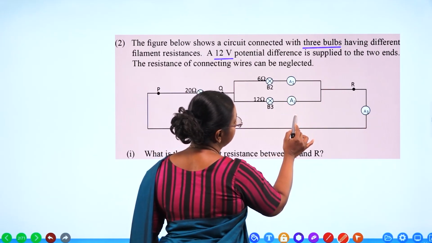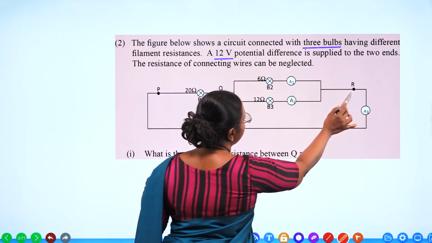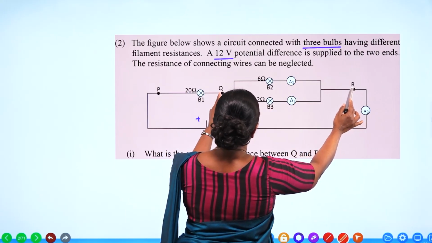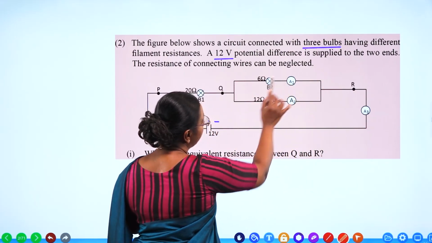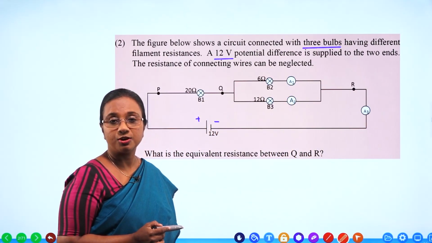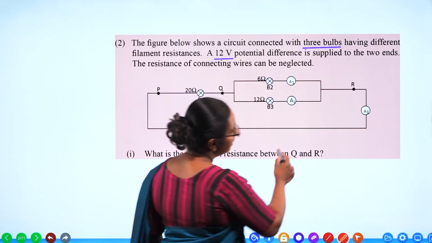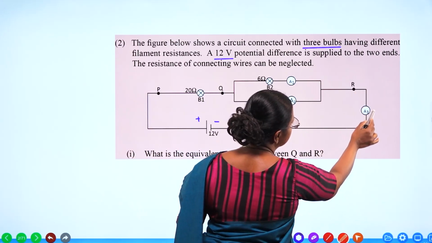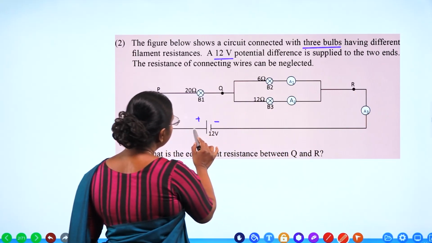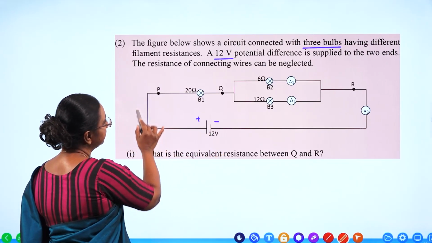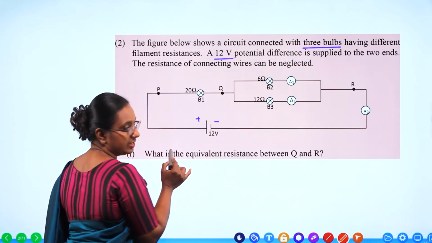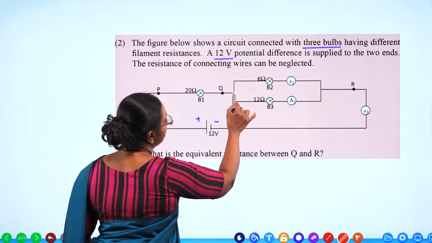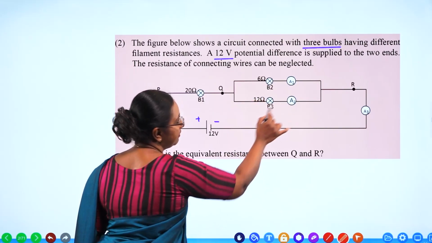And the 2 ammeters. So there are points Q and R. Between these 2 points is where you have this particular combination of the bulbs. Then here you can see another ammeter A3. Now the current starts flowing from here, comes up to point Q. Then at this point, the current divides.